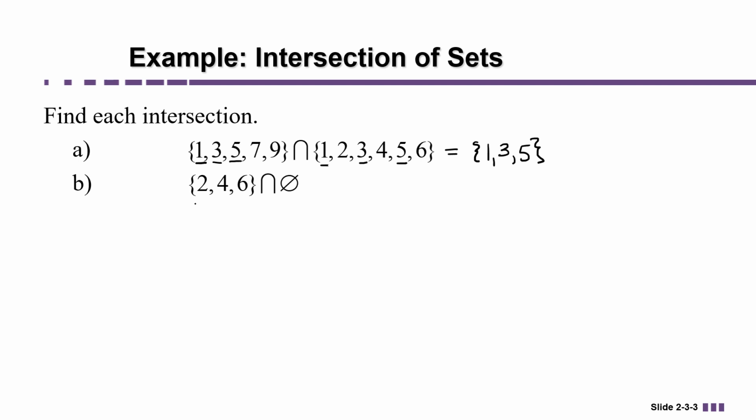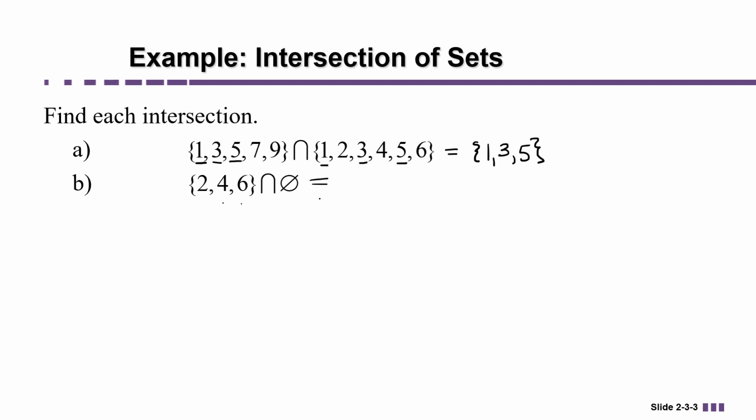All right, in part B, we have the intersection of the set 2, 4, 6 with the empty set. So what did these two sets have in common? Well, if you think about it logically, looking at each element one at a time, 2 is not in the empty set, 4 is not in the empty set, and 6 is not in the empty set.